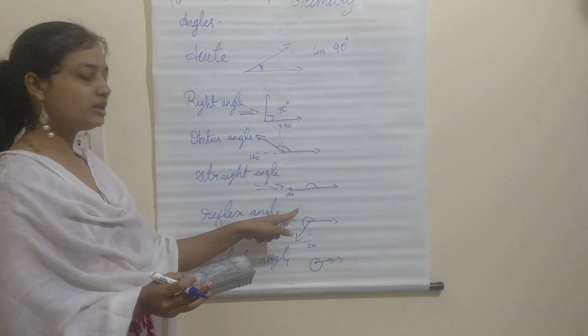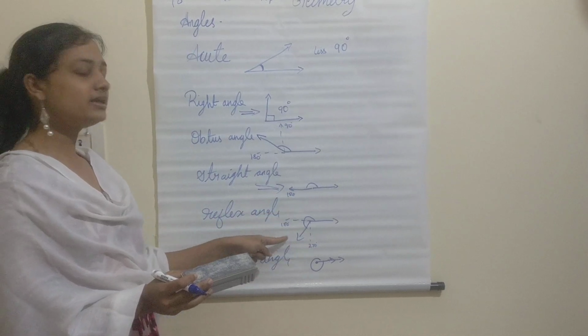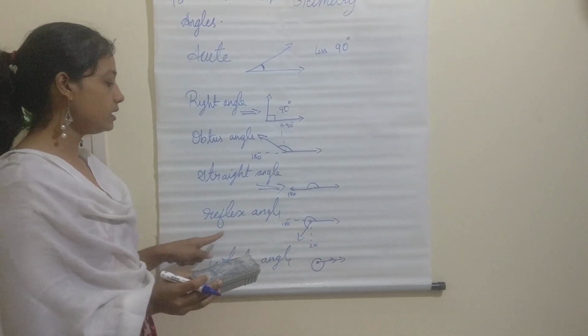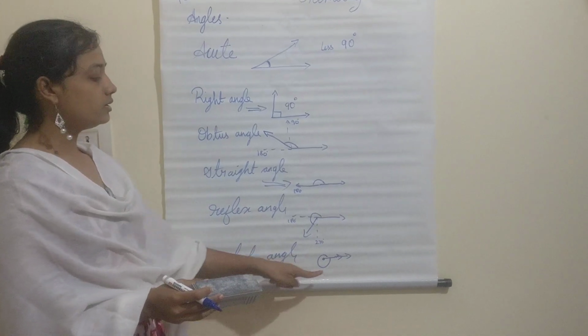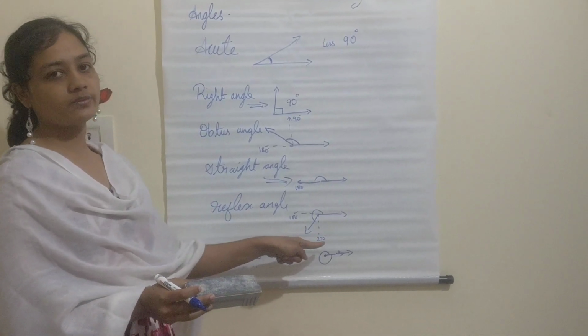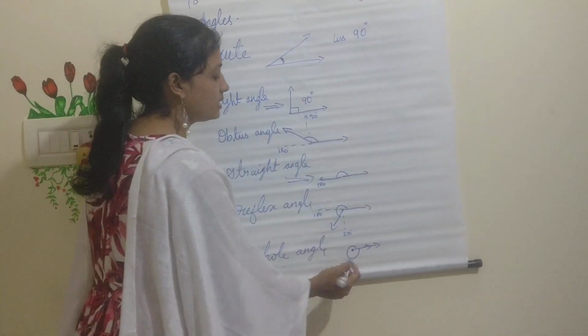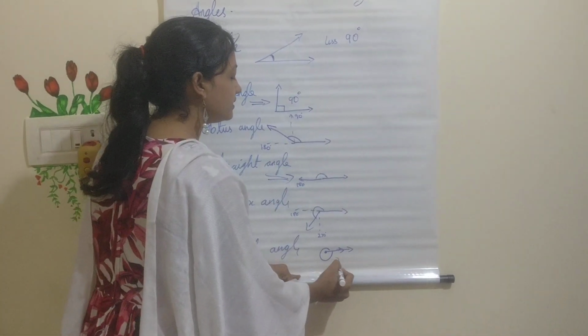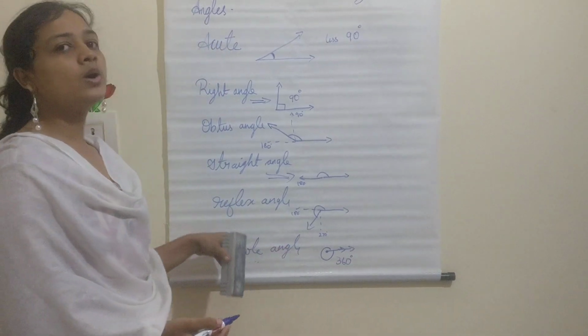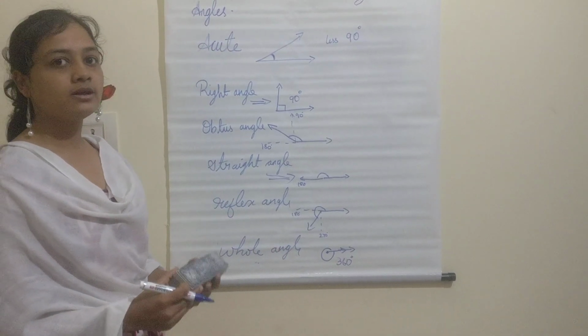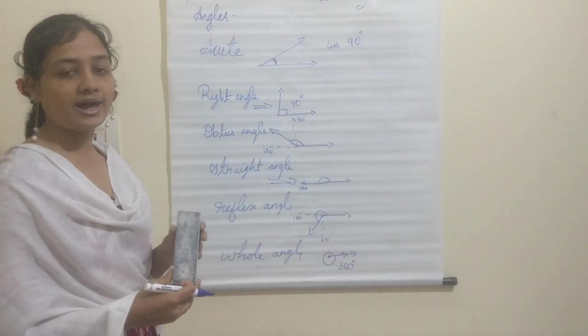Angle more than 180, less than 270 is called reflex angle. And the angle which makes one full round, that is how much degree? If it makes one full round, it is 360 degree. It is called whole angle. Now you know different types of angles.